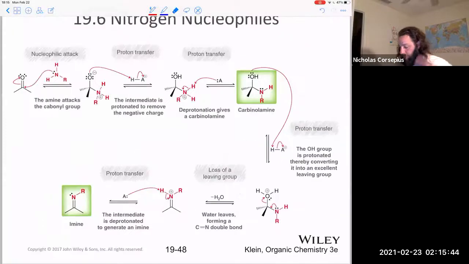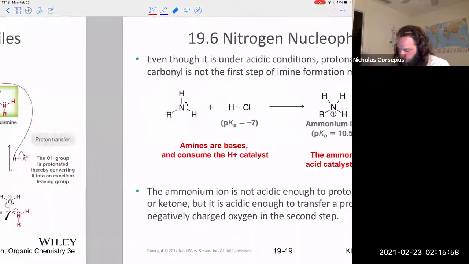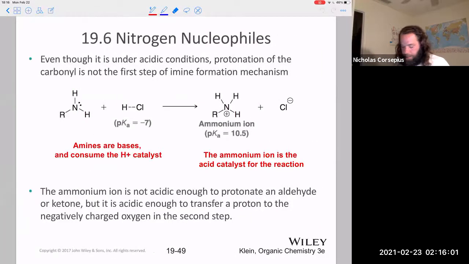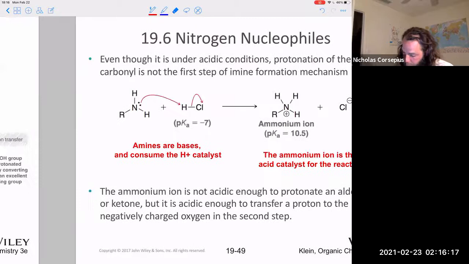Okay, so you see that we've effectively kicked off that oxygen altogether, kicked it off in the form of water, protonated it once to form an alcohol, and then protonated it again to form water, kicking it off. Again, just to hammer this point home about the pH, you can't have these under absurdly acidic conditions because most strong acids will just react with your amine to form an ammonium ion. And the ammonium ion is not reactive enough for this first step here.